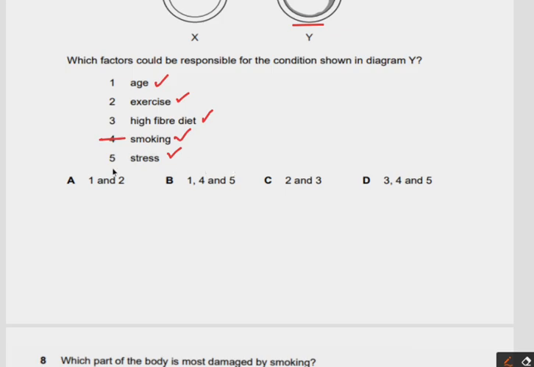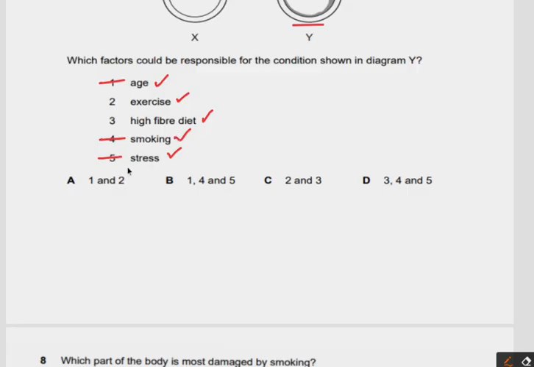Then apart from that one, stress can also bring about the thickening of the coronary artery. So we have 4 and 5. And then apart from that one, we also have the aging. As you grow old, you're going to find that most of the old people don't do exercise.